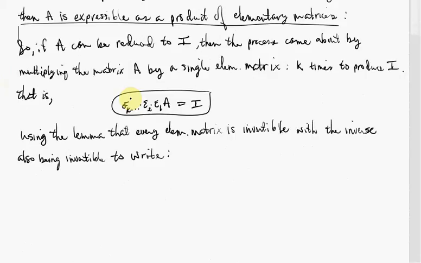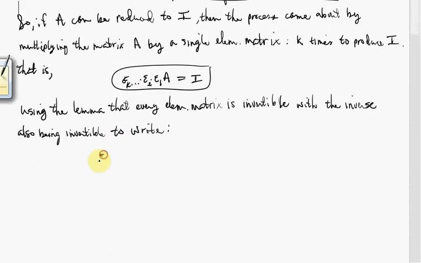So here, write the first one out, and then after that, we'll just do the sequential statement. This is the inverse of E sub k times E sub k. Let me put the next one there so you can see it. This is E sub k minus 1 times, and so on, times E sub 2, E sub 1 times A. This is equal to, I'm multiplying by left multiplication the inverse of E sub k times the identity.